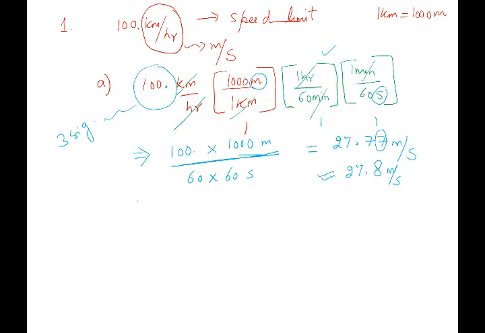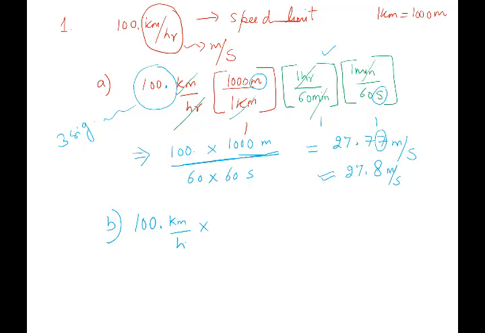And if I ask you to convert it into miles per hour, so we were given kilometers per hour. The second part, if I ask you to convert 100 kilometers per hour into miles per hour. I'm sorry, this pen streaks, it has a problem, but we'll manage.